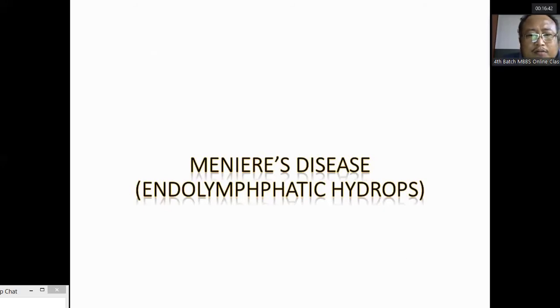In the same way, in the ear also we do have a fluid, which is divided into endolymph and perilymph, and these fluids are related to the balance system.